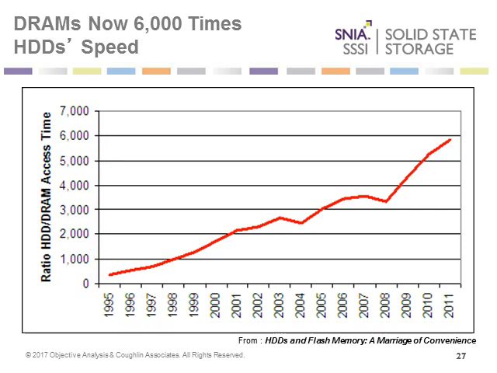If you look on the left-hand side in 1995, a DRAM may have been only about 200 times as fast as a hard drive. And you get up to 2011, you see that it has pretty steadily increased up to the point where it's now about 6,000 times the speed of a hard drive.